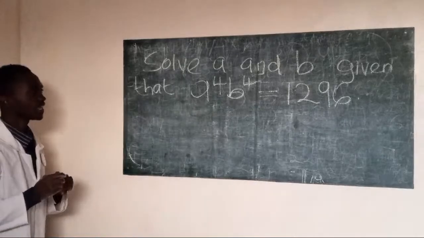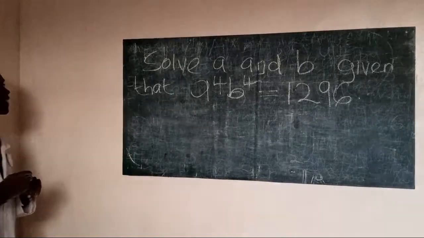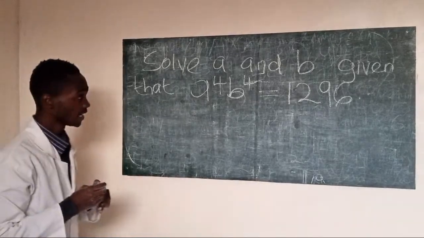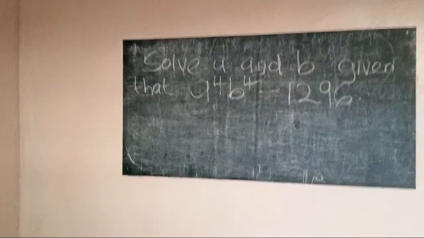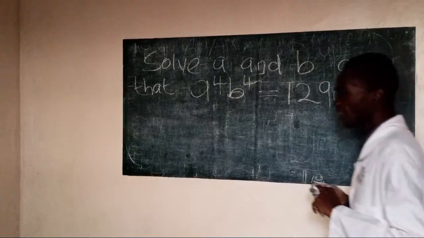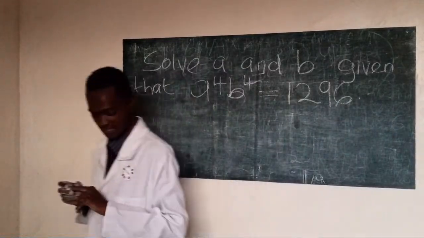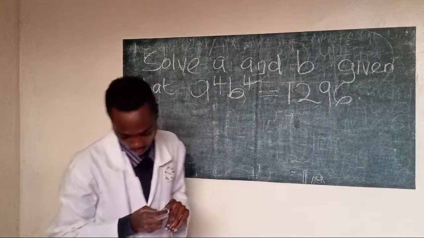So for A and B, given that A raised to power 4, B raised to power 4 is equal to 1,296.